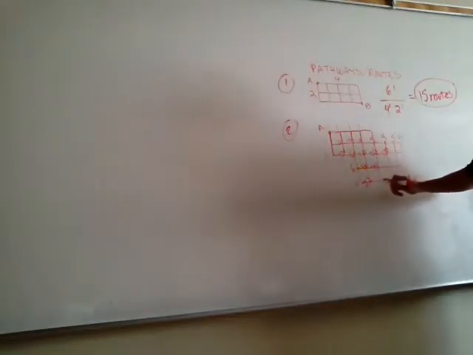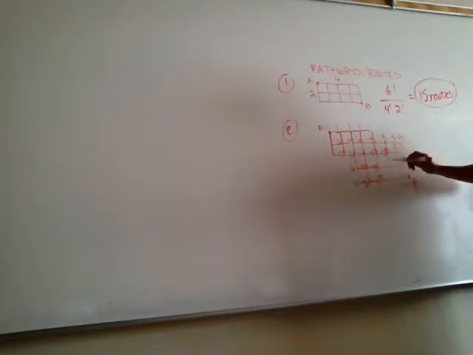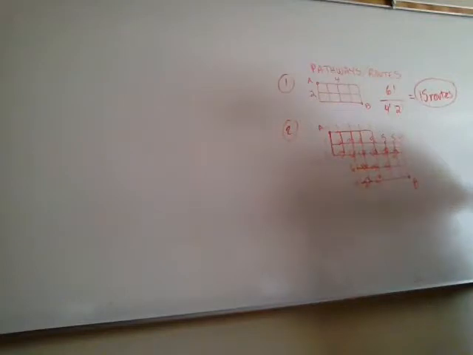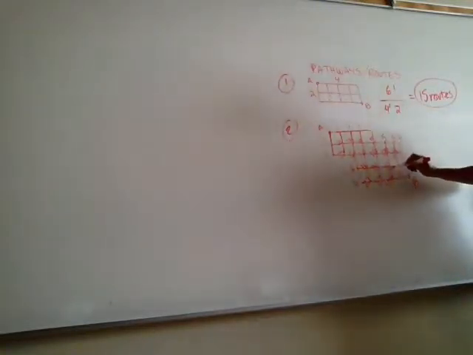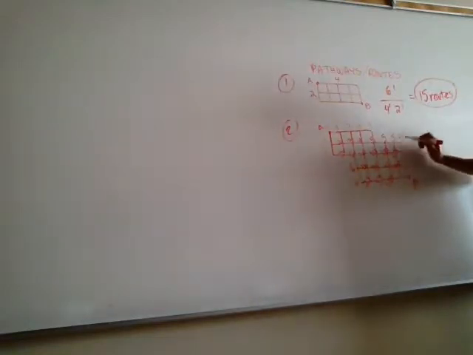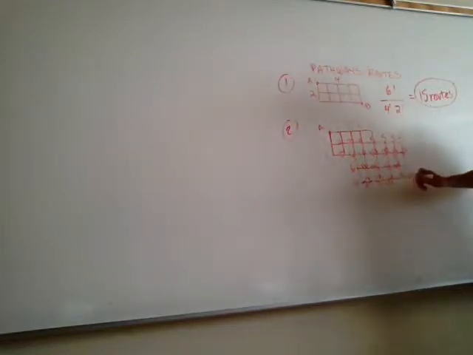Okay, 22 plus 31 gives me 53. 31 plus 20 gives me 51. 20 plus 5 is 25. 53 plus 51 is 104. 51 plus 25, we get 76. 25 plus 5, we get 30. 104 plus 76, 180. 76 plus 30 is 106.